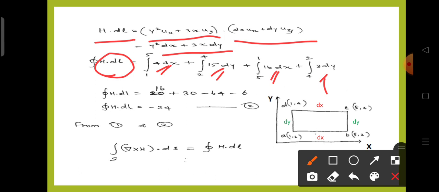By using proper integration, we will get the line integral of H dot dl equal to 16 plus 30 minus 64 minus 60, so we will get minus 70 plus 46. So the final answer is minus 24. So the surface integral of del cross H dot ds is equal to the line integral of H dot dl. Thus Stokes' theorem is verified for both the left hand side and right hand side.